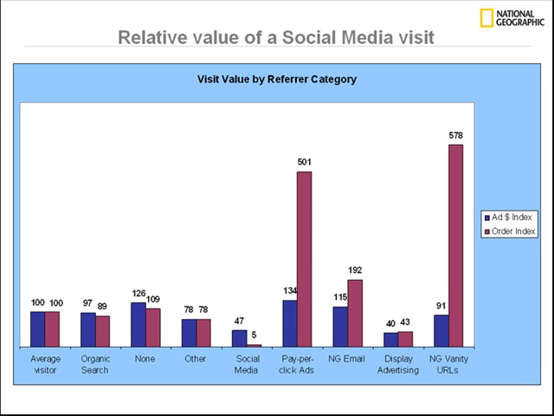I can then compare this index to the other categories of traffic sources. So organic search, for instance, slightly below average. Pay-per-click ads, way above average. They're 5 times more likely to order from us, for instance, than the average visitor, which makes sense. We're sending people directly to subscription forums or the online store.